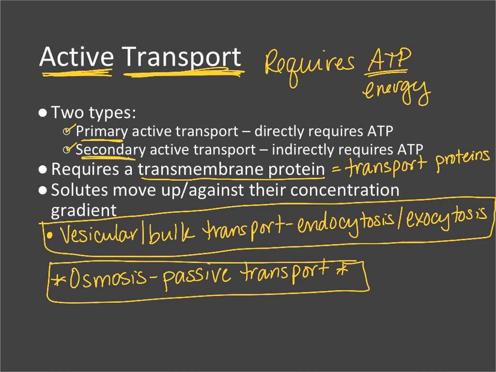But the big difference between active transport and facilitated diffusion is that these solutes are going to move up or against the concentration gradient. So remember that in facilitated diffusion, the solutes were moving down or with the concentration gradient. In active transport, the solute is getting moved against its concentration gradient.